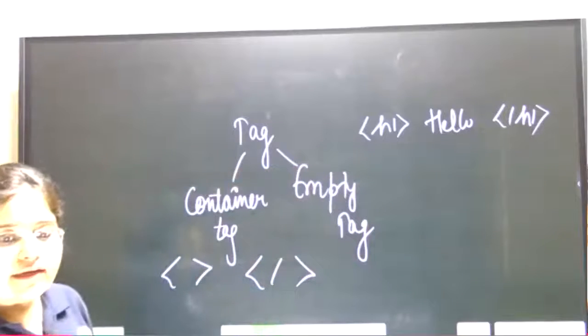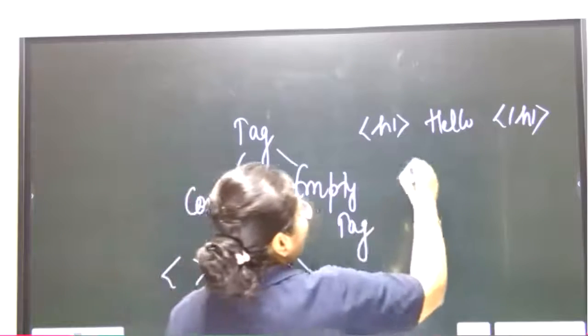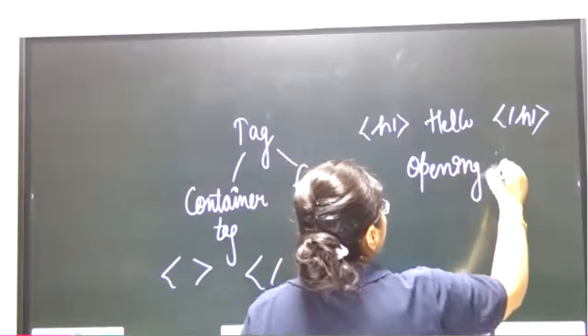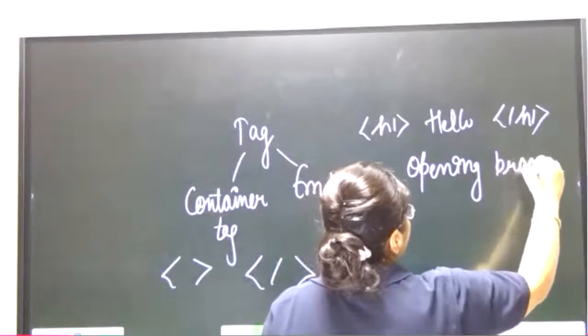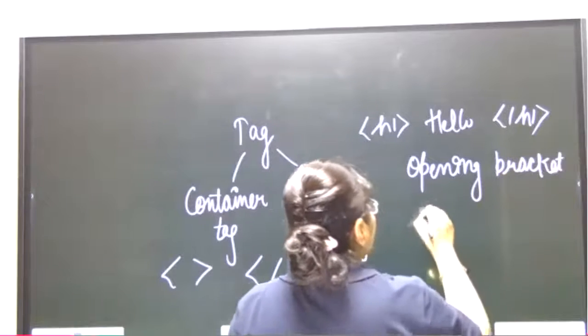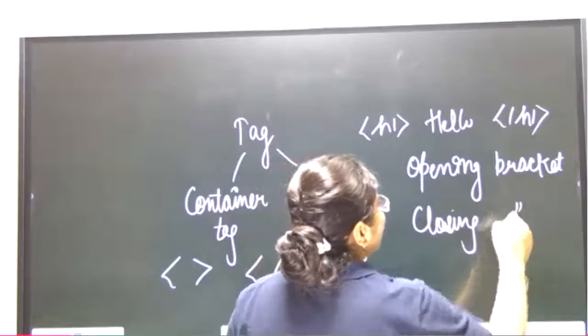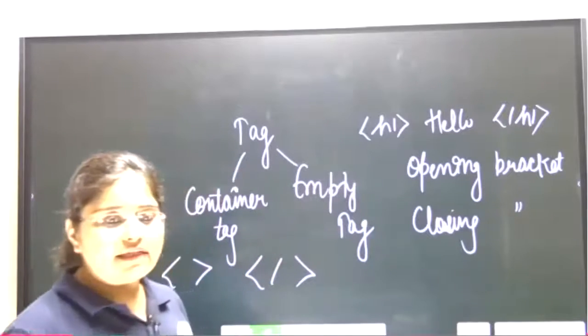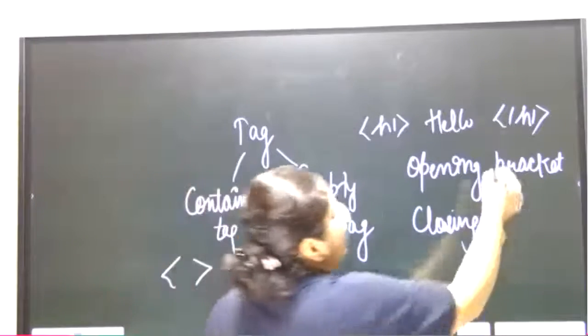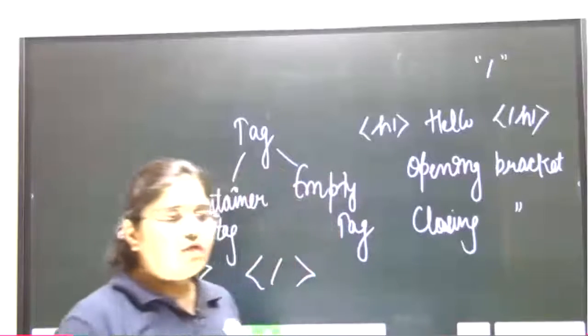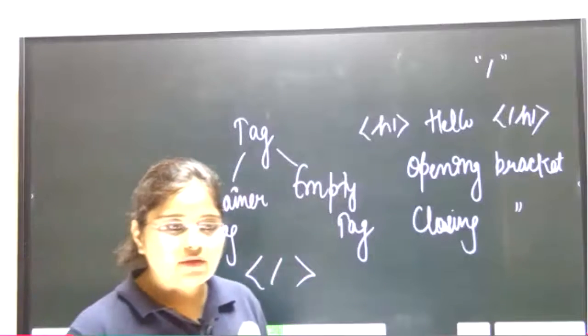So this kind of tag, known as container tag, in which we are having an opening bracket and a closing bracket. So both we are having, those kinds of tag are known as container tag, and with the help of this slash, this is the indication of the closing tag. Is it clear to everyone?